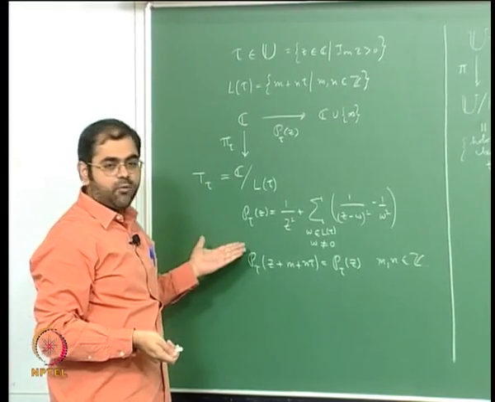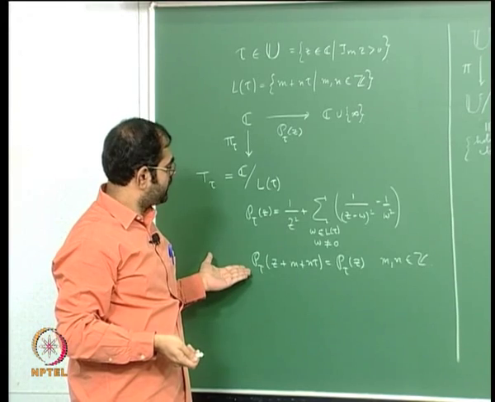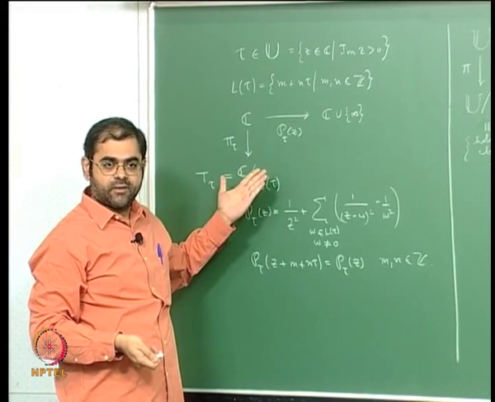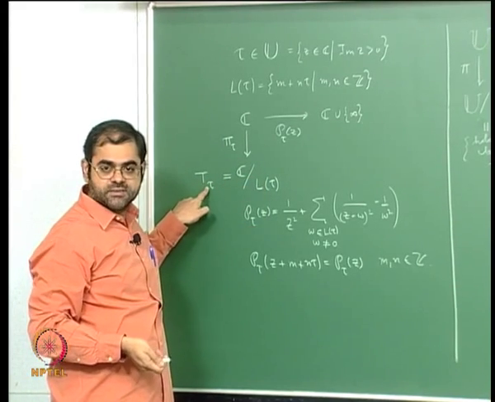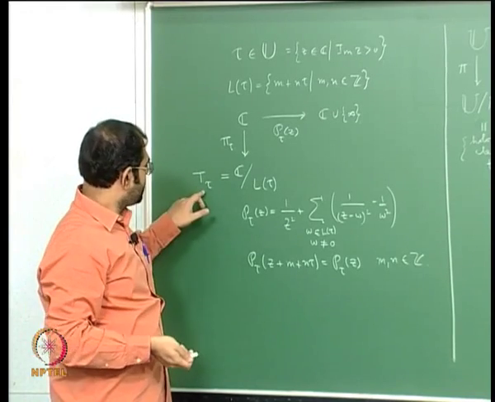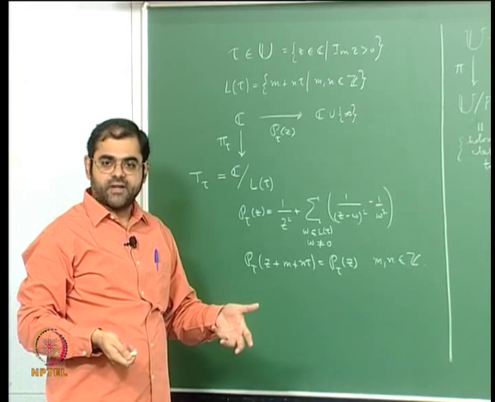So I will have to use the Weierstrass P function to get hold of a holomorphic invariant for the torus, that is, I have to attach to each torus a complex number such that this complex number will not change if the torus is changed up to holomorphic isomorphism.